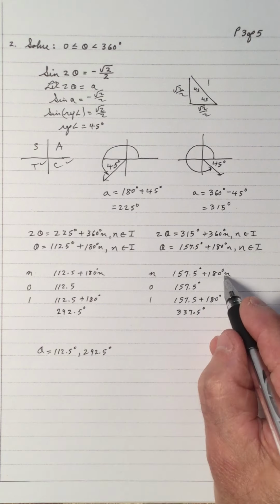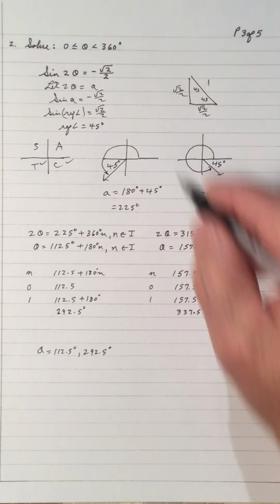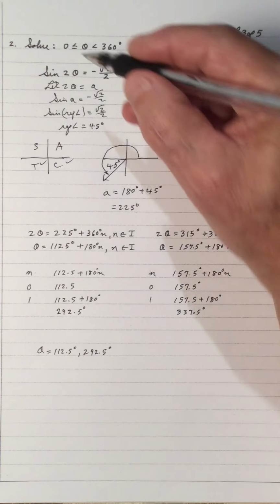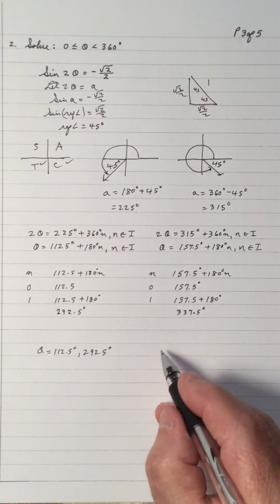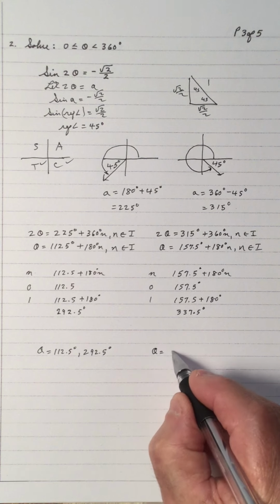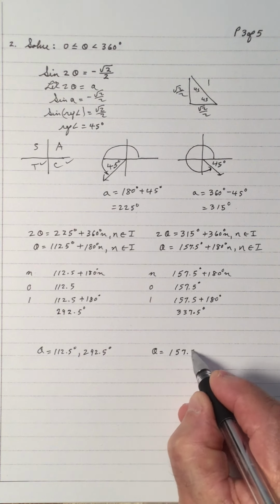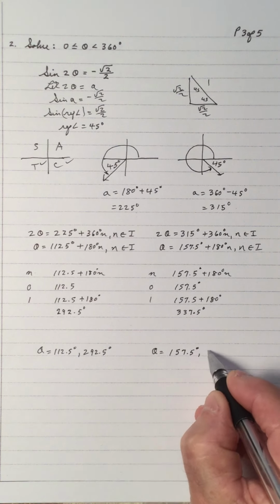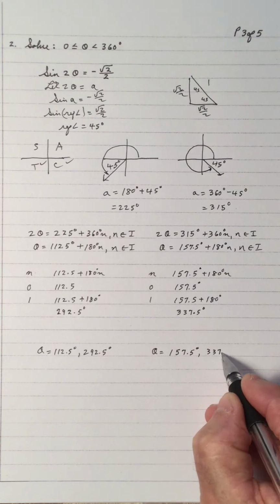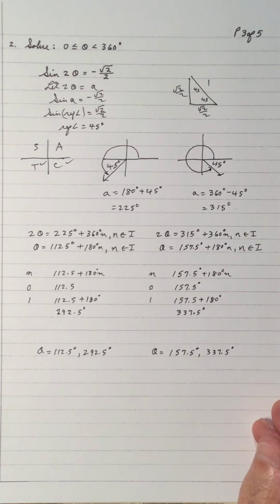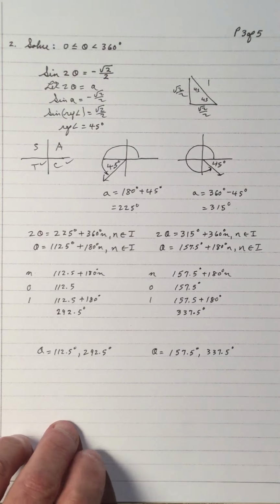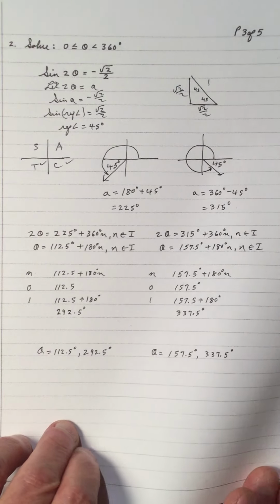Again, if we put a 2 in here, we get more than what we want. If we put a negative in, we get a negative angle, and we can't have a negative angle. So these two are 157.5 and 337.5 degrees. I just thought I'd make some questions up a little bit different.